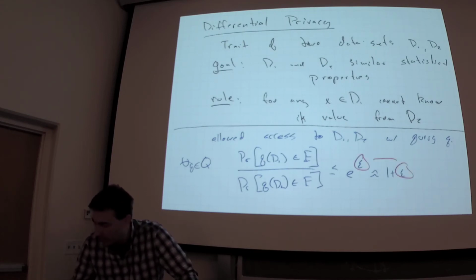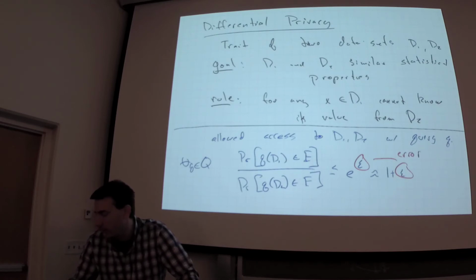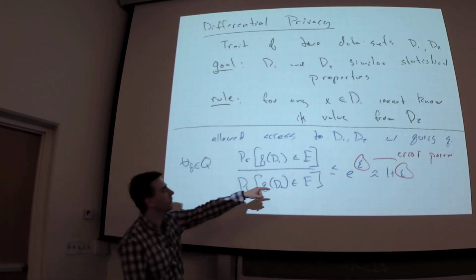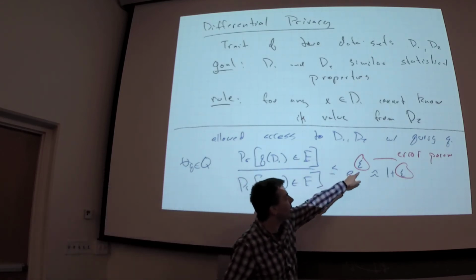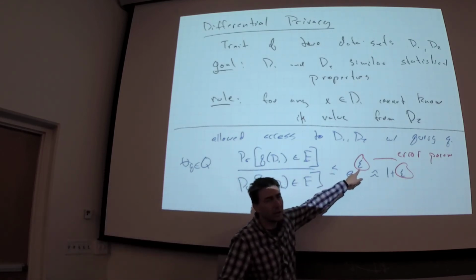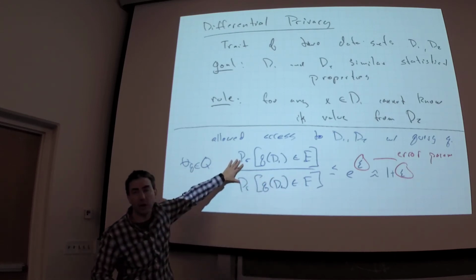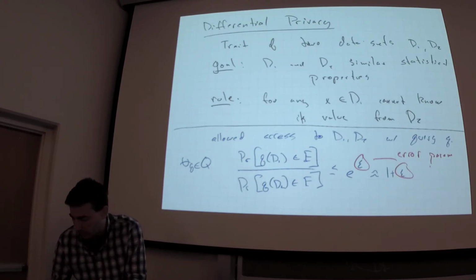This is an error parameter, right? So the smaller I make this, that means that my statistical analysis on these is going to be similar, right?